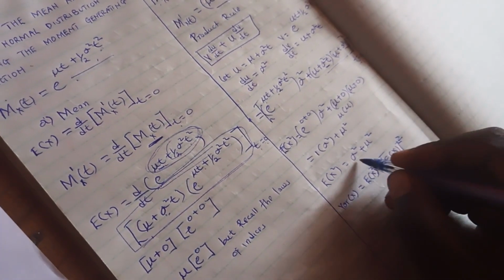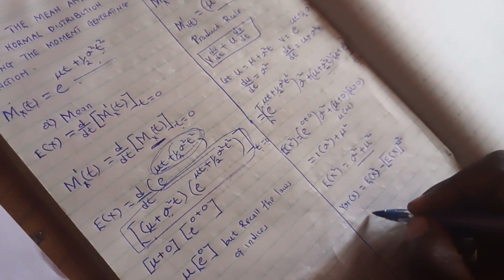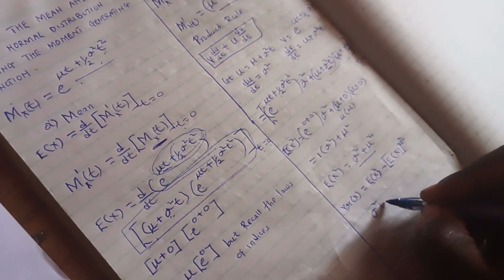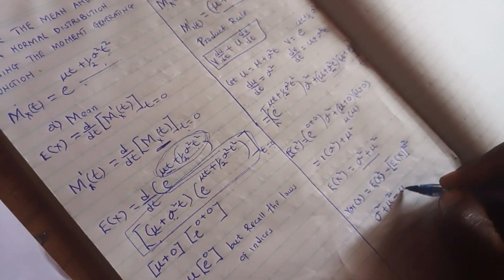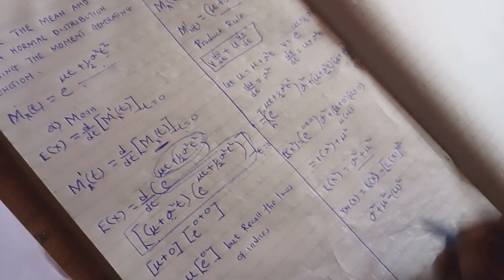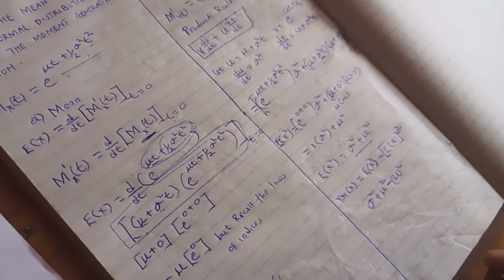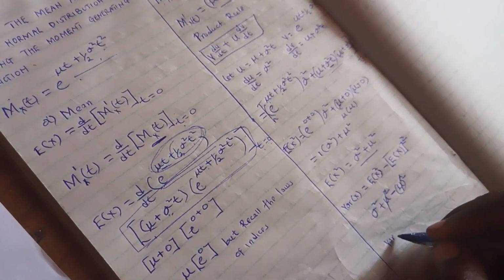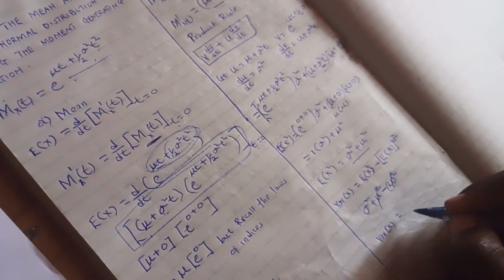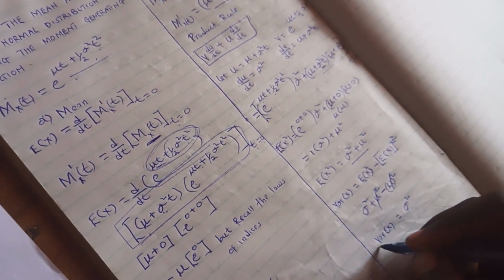So we have sigma squared plus mu squared minus mu squared. Are you getting it? So this one will cancel out this one, so our variance will give us sigma squared.